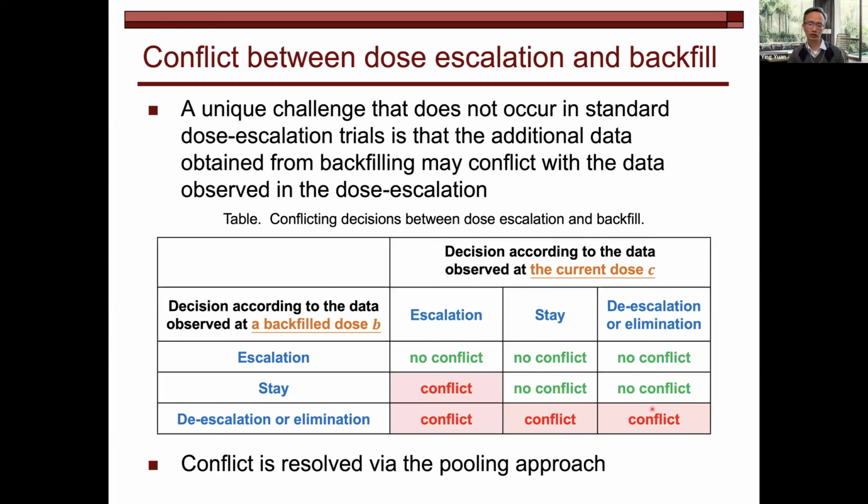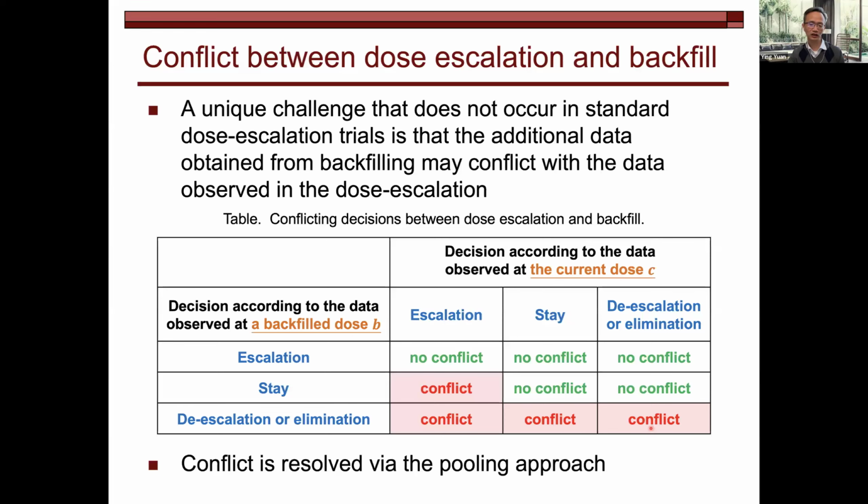And sometimes people have questions in terms of the last cell, where both are de-escalate. Strictly speaking, those data are not directly in conflict with each other, right? It only shows the current dose and the lower dose are both toxic. There is really not much conflict.